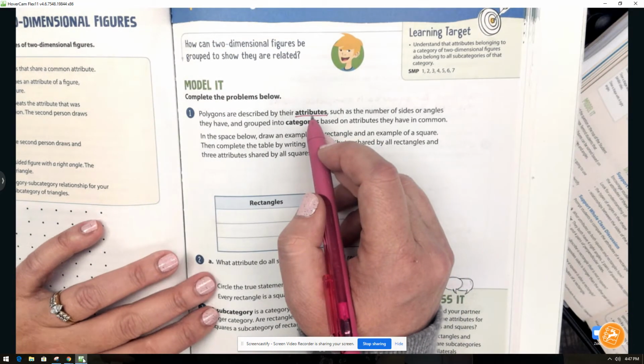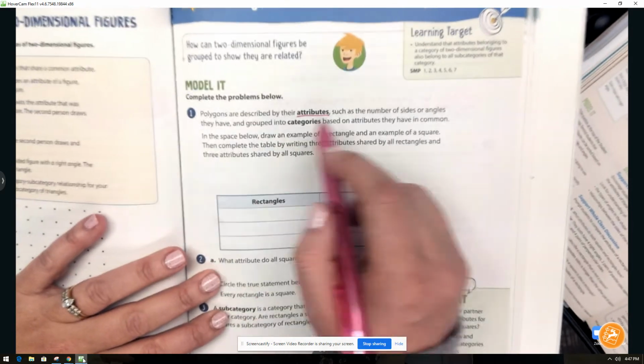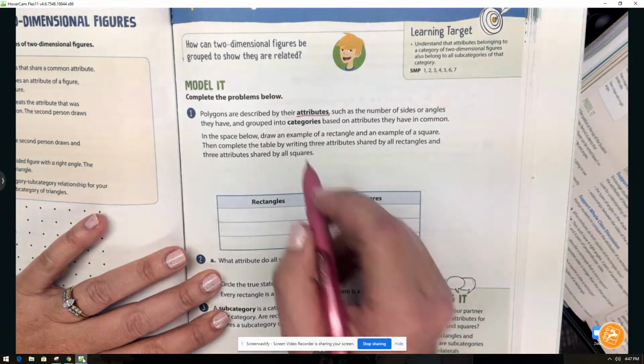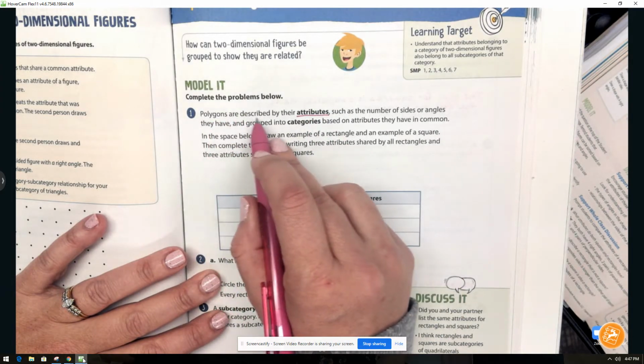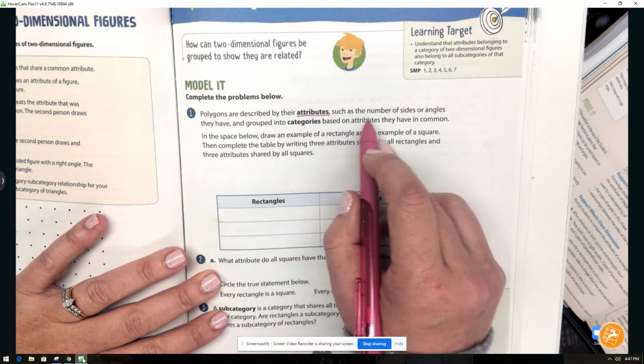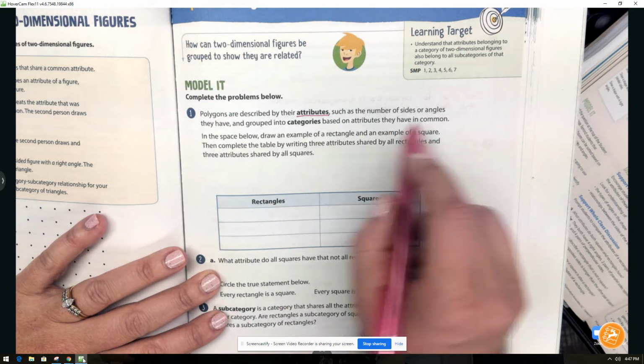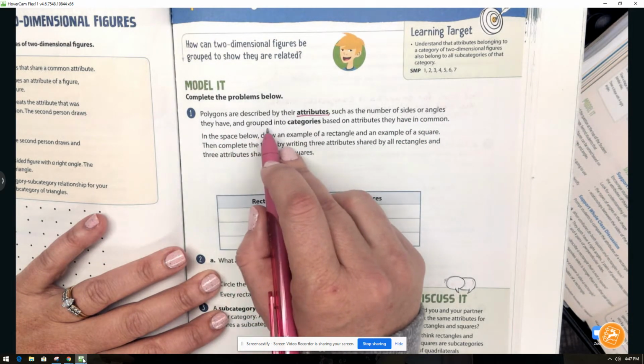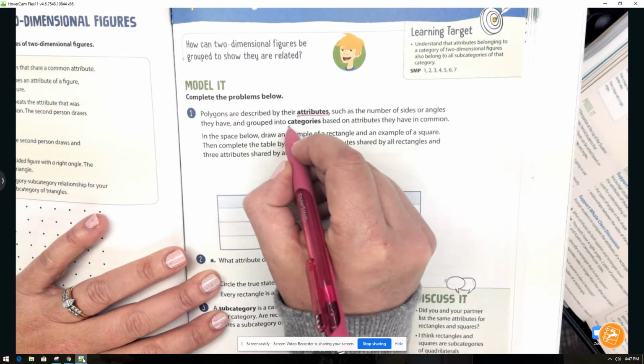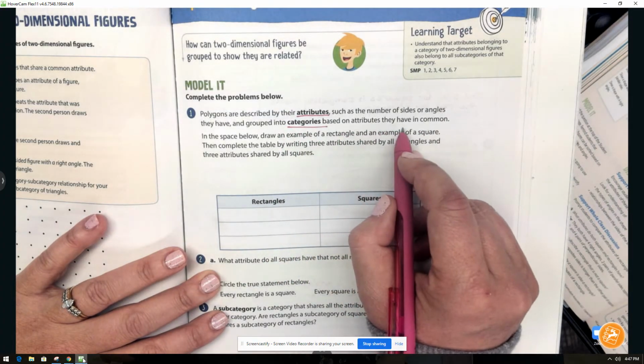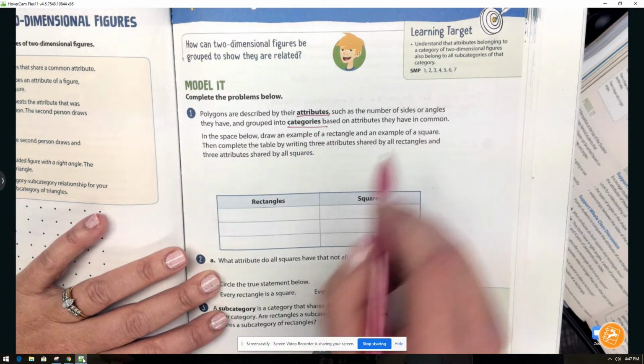They're things that make a polygon a polygon. Those are their attributes. So polygons are described by their attributes, such as the number of sides or angles they have. And then they're grouped into categories based on the attributes that they have in common.